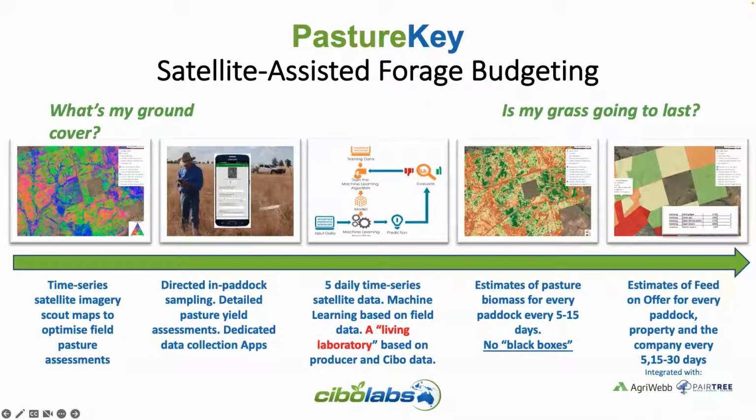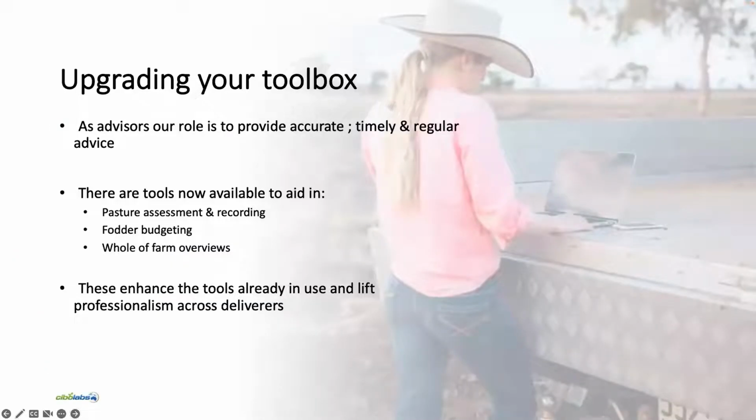And this is really the crux of where we're looking to head when we start to move into the Australian Feedbase. But as advisors, what we're starting to think about, and I think what today is really about, is for you to start thinking about how we go about upgrading your toolbox. And if you think about it across the country where you're all based, your role as an advisor is really to start thinking about how you can assist your clients by providing them with accurate, timely, and also regular advice.